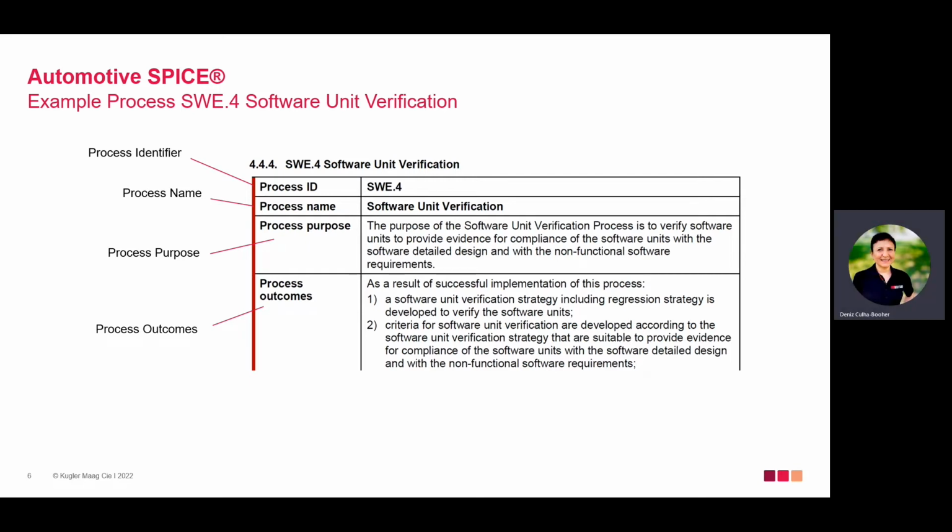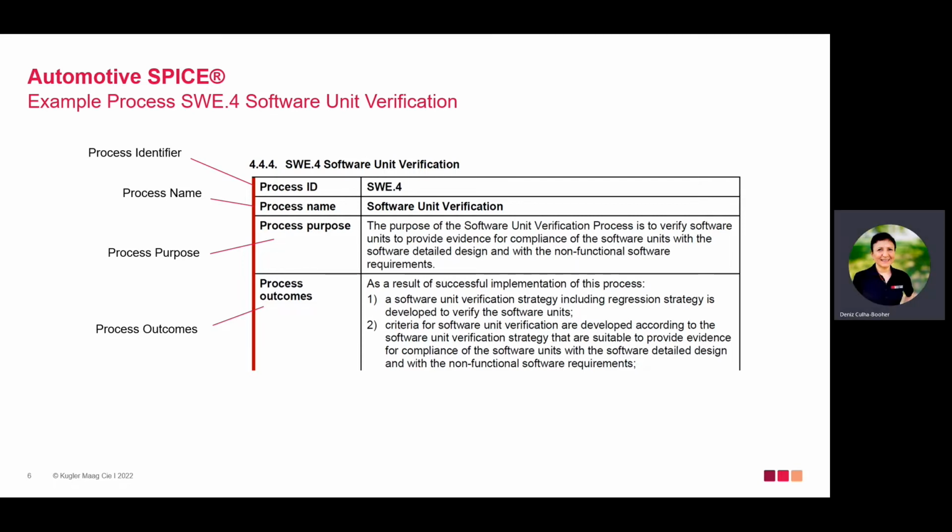Purpose is something that I really like, where it's not just about do this, do that, but here's our purpose. Also, it has process outcomes. That's part of what we check at achievement of capability level 1. We look to see if we achieve the outcomes for each of the processes.